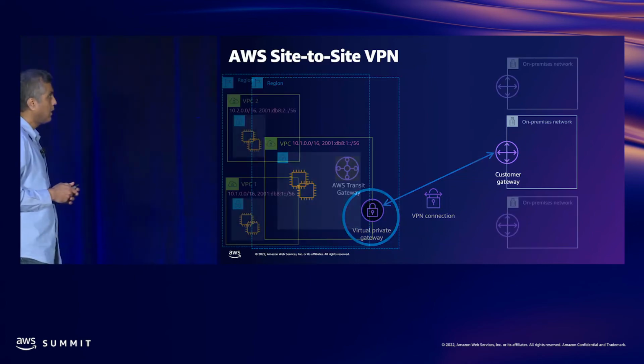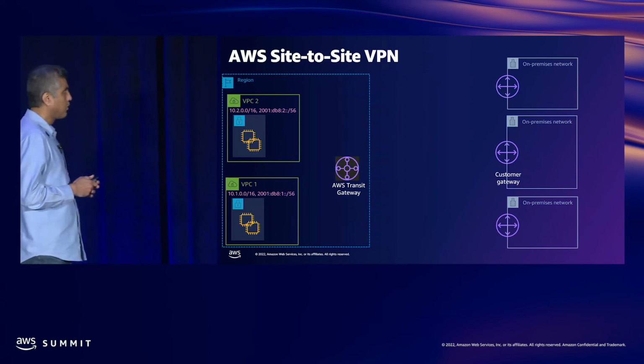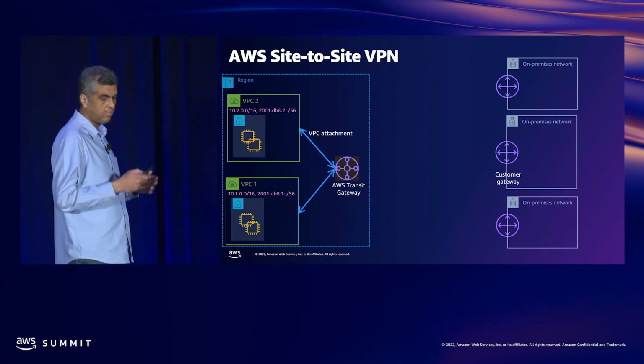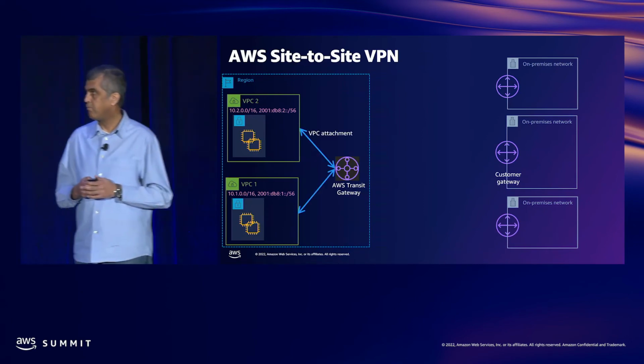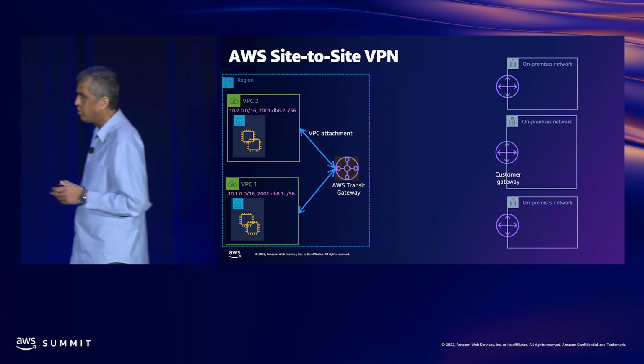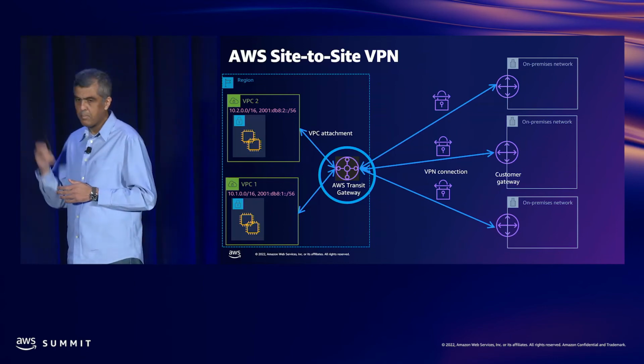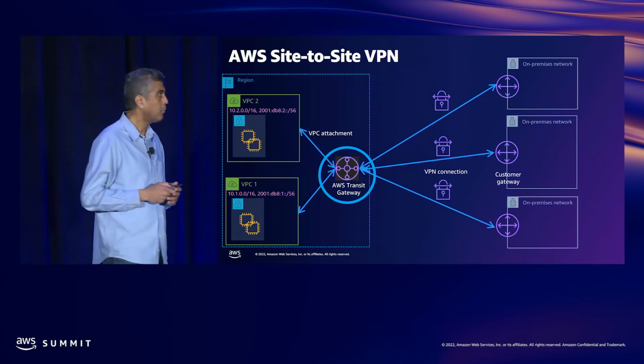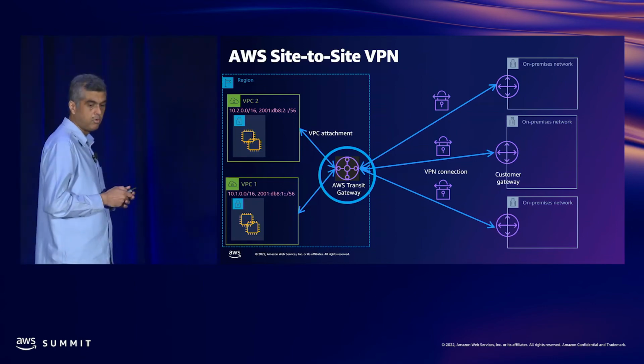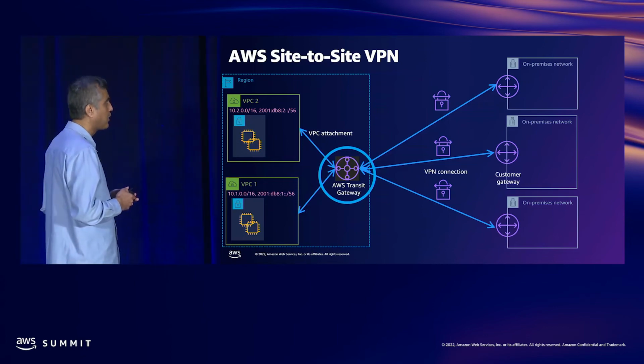You can also scale your IPsec VPN using transit gateways, and again, transit gateway within the region. In this case, you have 2 VPCs. You can have many more, and then you just set up your IPsec VPNs. But instead of terminating on your virtual private gateway, you would terminate on a transit gateway.